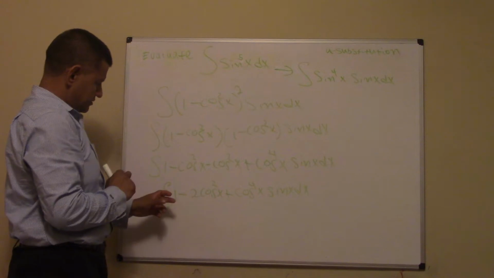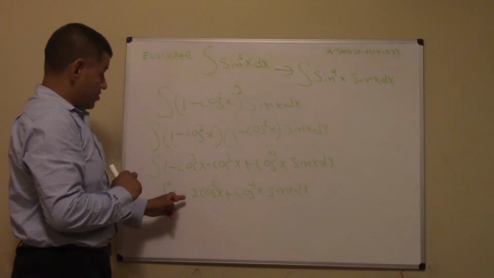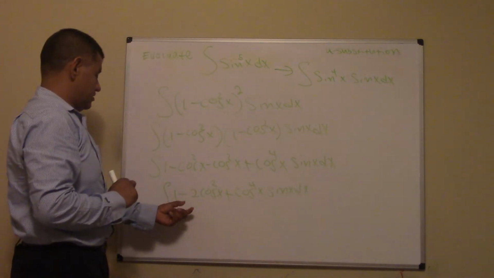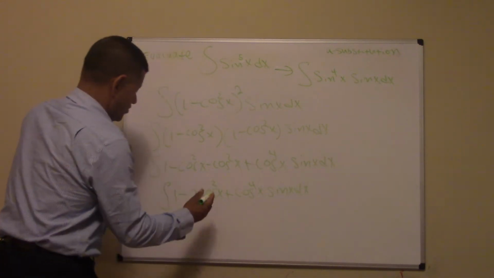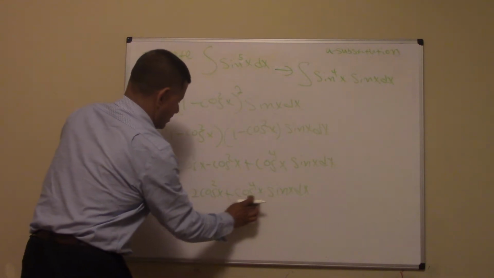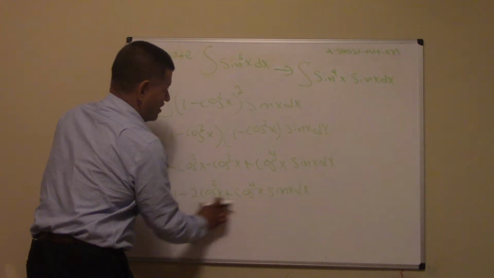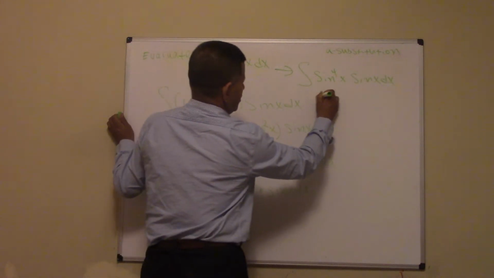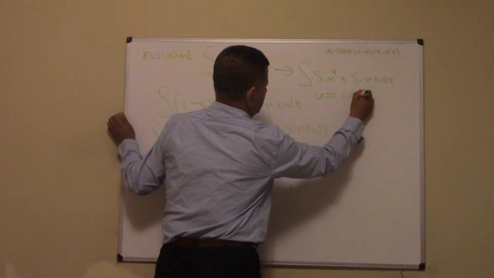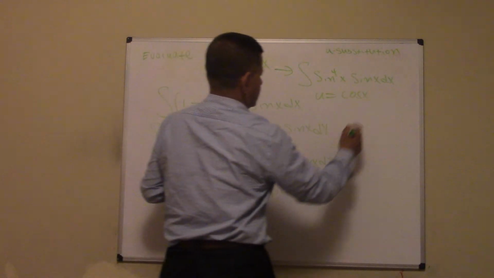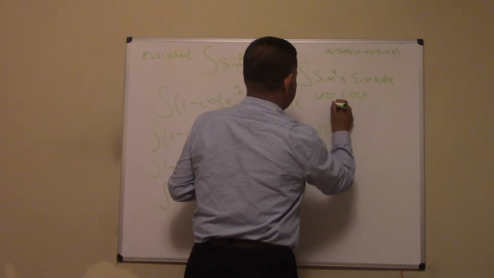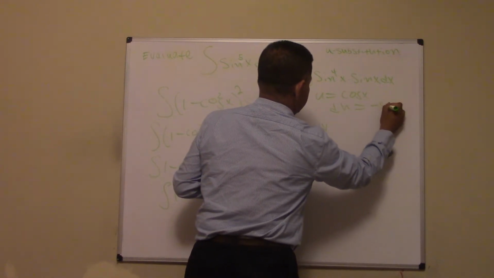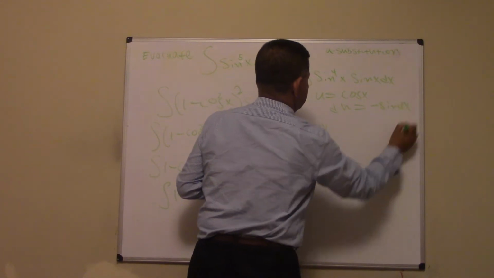Okay, now we can use the u-substitution here. Right now, we can say that u is equal to cosine x, right? du is equal to negative sine x dx.